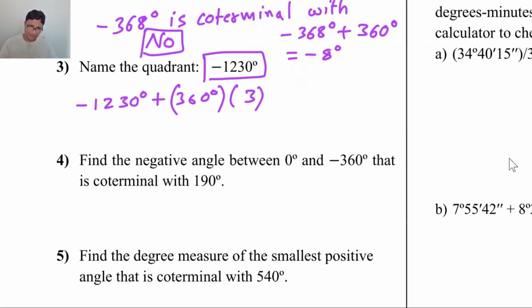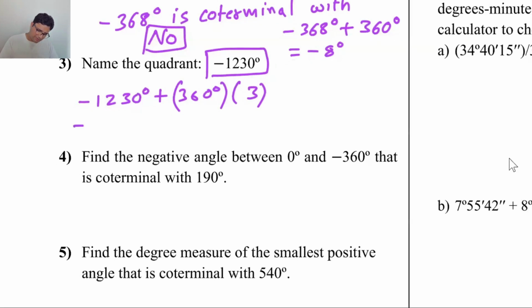Let's see if that gives any hope. Okay, and you can do that on a calculator. Let me just work it out here by hand. That I know is 1080 degrees. Okay, 900 plus 180, 1080. And now I have negative 1230 and plus 1080.